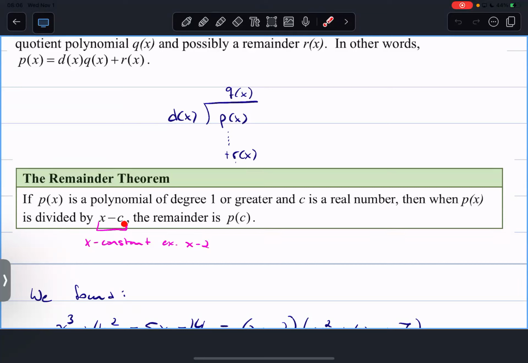If you have some c, so you're dividing by x minus 3, for example, then you can check that you have the right remainder after you've done all your work by plugging in p of 3. Whatever your c was, make sure that you have it in the form of x minus c. Then you can check that you have the correct remainder, because p of c will be the remainder.